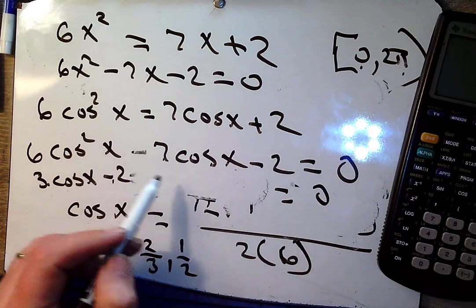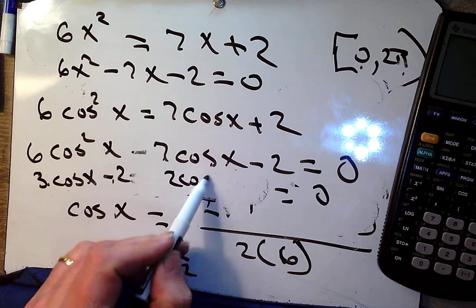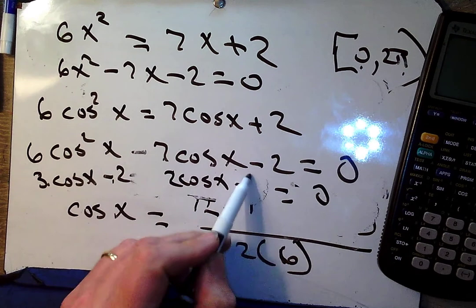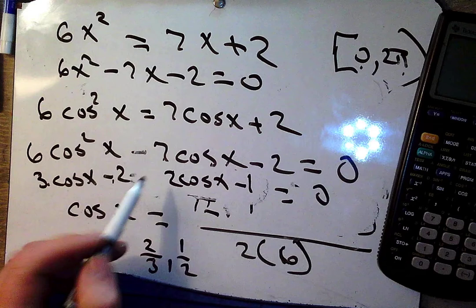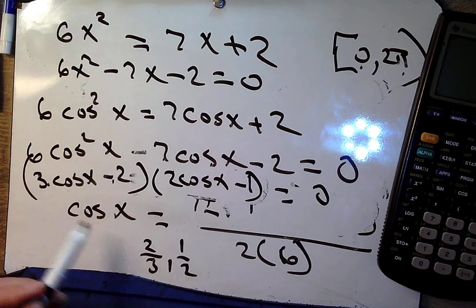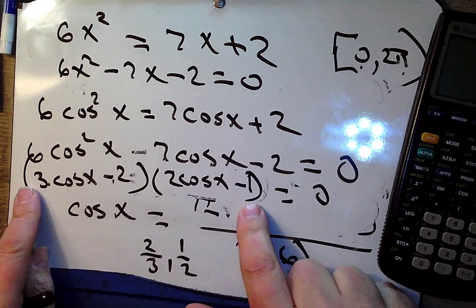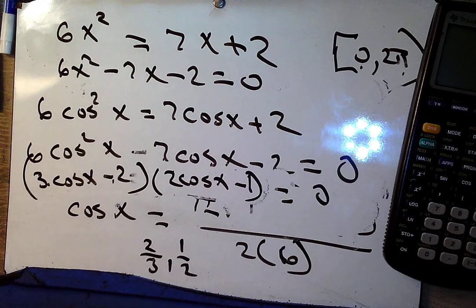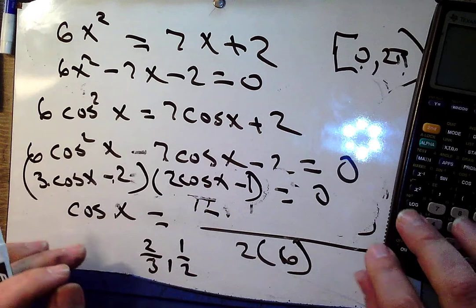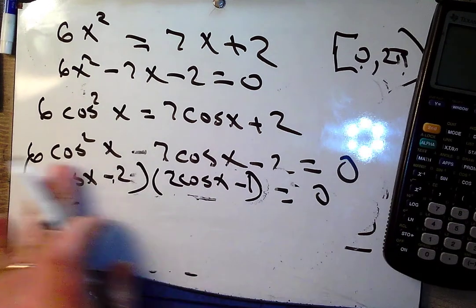And the other one was 2 cosine x minus 1 equal to 0. Okay? Minus 4. But that's plus 2 again. It's not a plus 2, it's a minus 2. So I think something went amiss with quadratic formula.